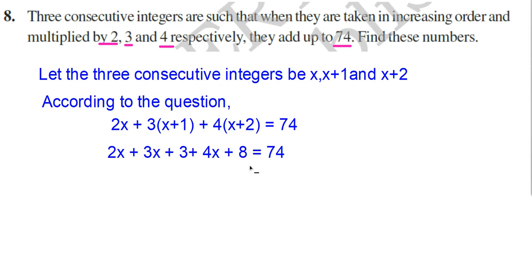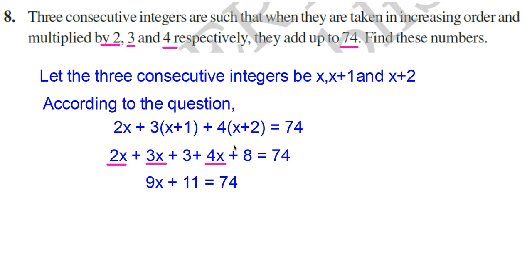Now you can add the like terms, that is 2x plus 3x, that is 5x plus 4x, that is 9x, and then constants 3 plus 8. So we get 9x plus 11 is equal to 74. Now you transpose 11 to the RHS.